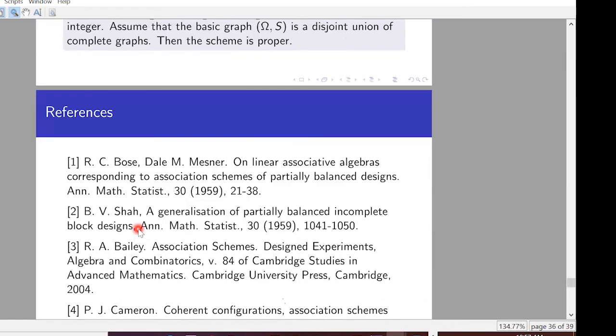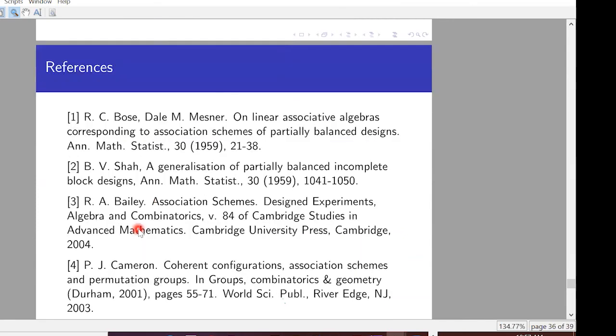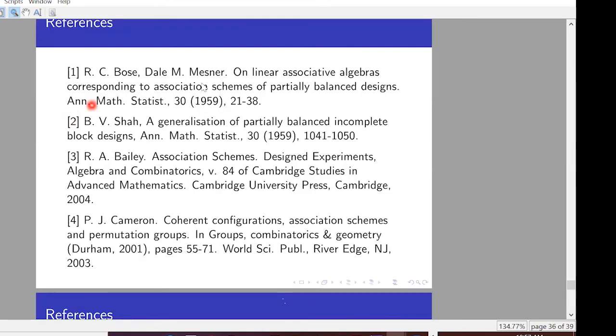I have references, and at the end, I want to show these two references. So association schemes started from that paper, which was published in '59 in that journal, in that volume. But in the same volume, the same year, there was published a paper by Shah, who proposed to modify the definition of Bose-Mesner and to replace matrix product there by Jordan product.